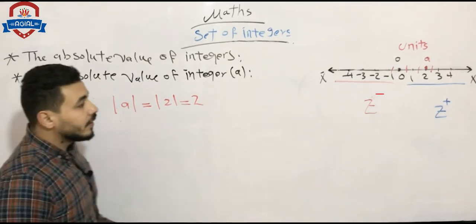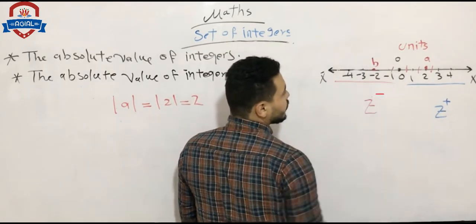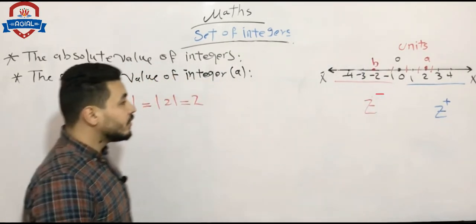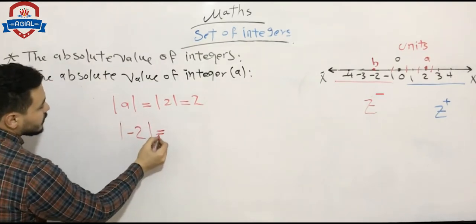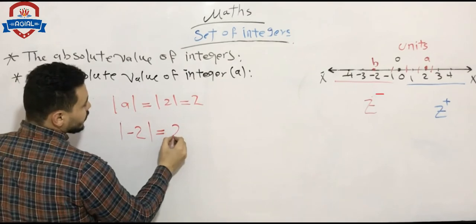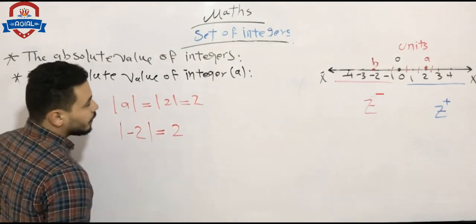And if we have the point B equals negative 2, the absolute value of negative 2 equals 2 units. So the absolute value of negative 2 equals 2.